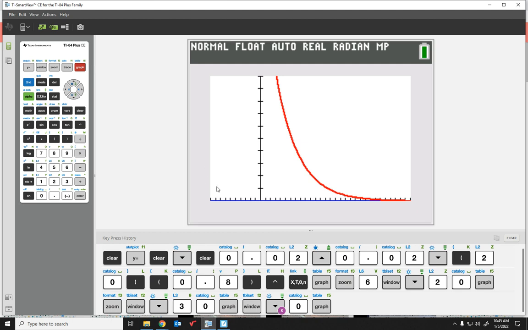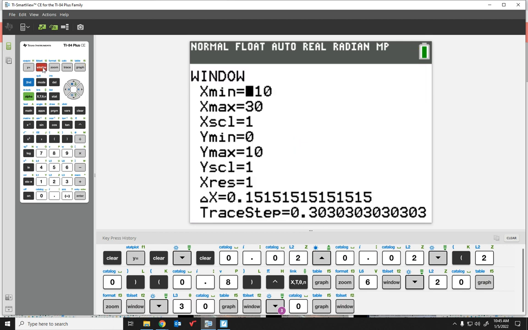Actually, make it -1 because it's so close to the y-axis. Actually, we'll make it even smaller. Let's go window. Let's make the y max 1. And actually, I'm going to make the y minimum a little bit less than the x-axis, just because I need to be able to see the intersection point a bit more clearly. I want to be able to see the x-axis.